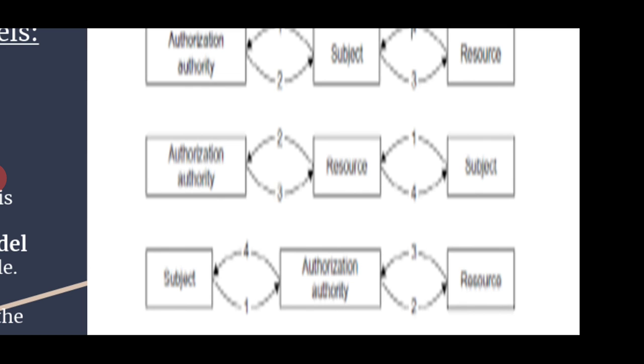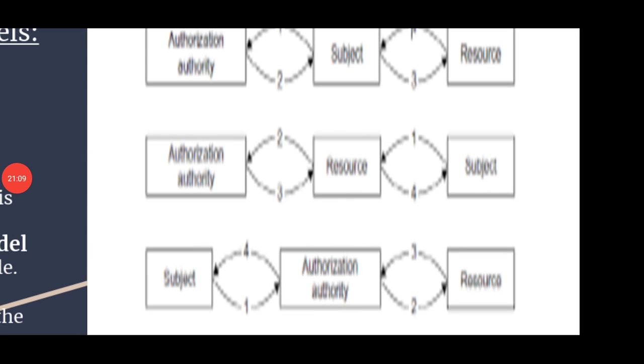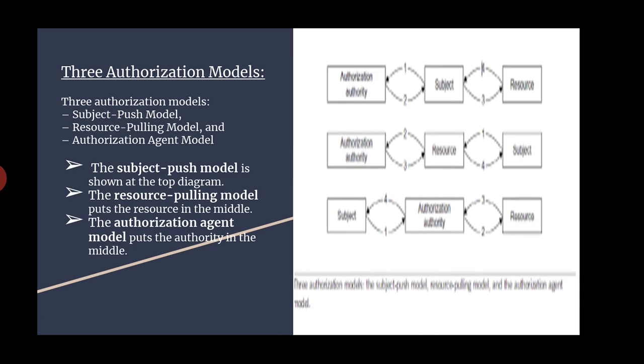In the reverse direction, look at this diagram. The figure illustrates that this authorization model is nothing but the authorization agent model. This is the explanation of the figure for the 3 authorization models. Listen carefully, otherwise you can't understand the concepts.